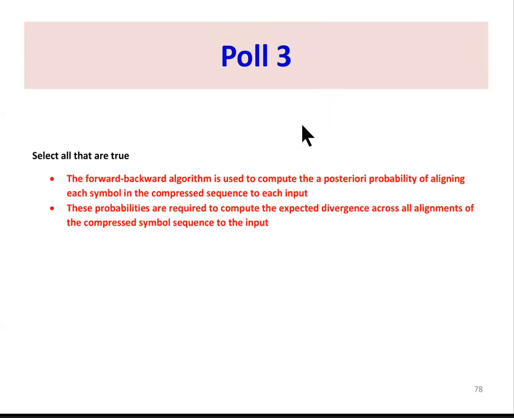But yeah, so here was the poll. The forward-backward algorithm is used to compute the a posteriori probability of aligning each symbol in the compressed symbol sequence to each input. And the probabilities are required to compute the expected divergence across all alignments of the compressed symbol sequence to the input. So this is what we just saw.